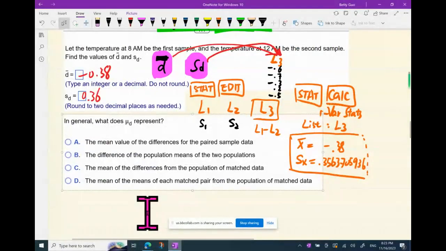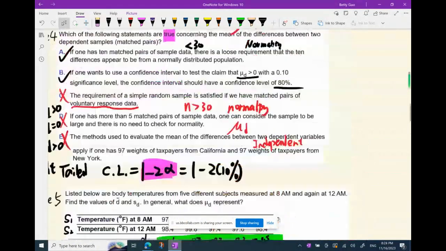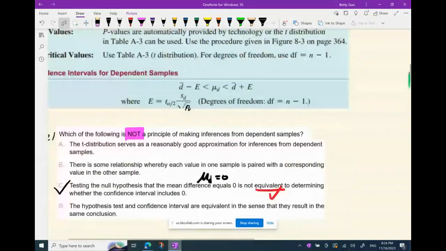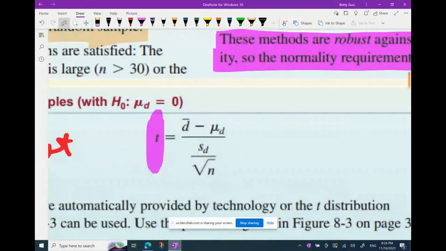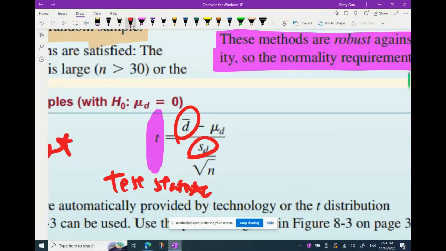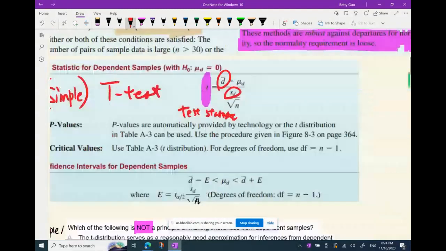Yeah, that's how we handle the problem. Find the D bar and S sub D. Why do we need that? Because if you manually test the claim using the critical value method, and you want to use the formula to calculate the test statistic, this is the test statistic, and you do need a D bar and an S sub D. Yeah, that's the reason.